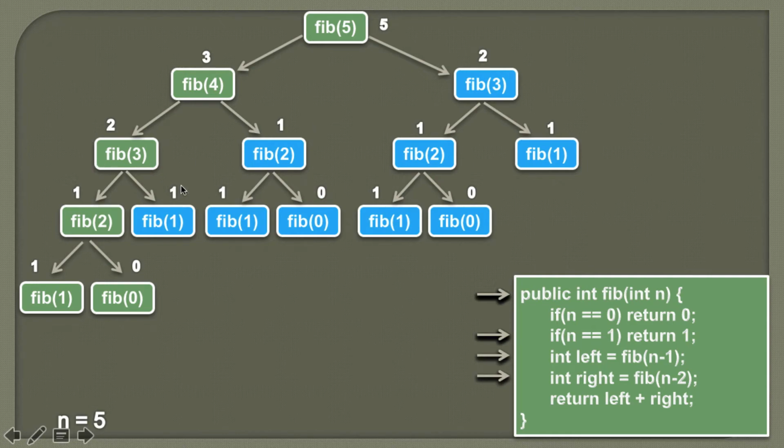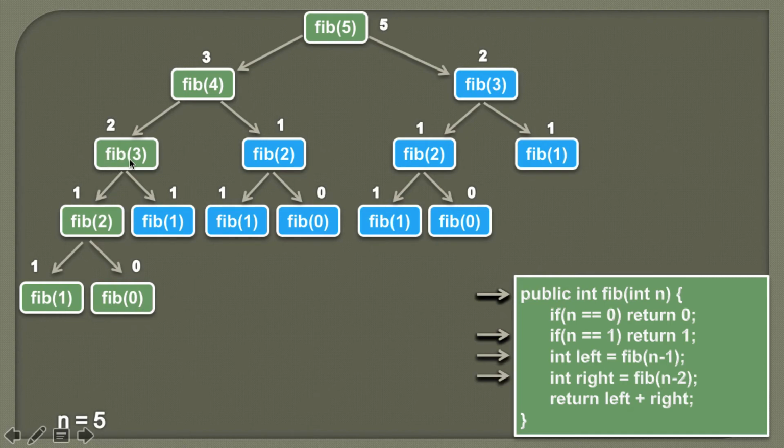For example, when we want to calculate the third Fibonacci number, we calculated the second Fibonacci number and the first Fibonacci number, and again to get the value of the second Fibonacci number, we broke it down into smaller subproblems by calculating fib of 1 and fib of 0.